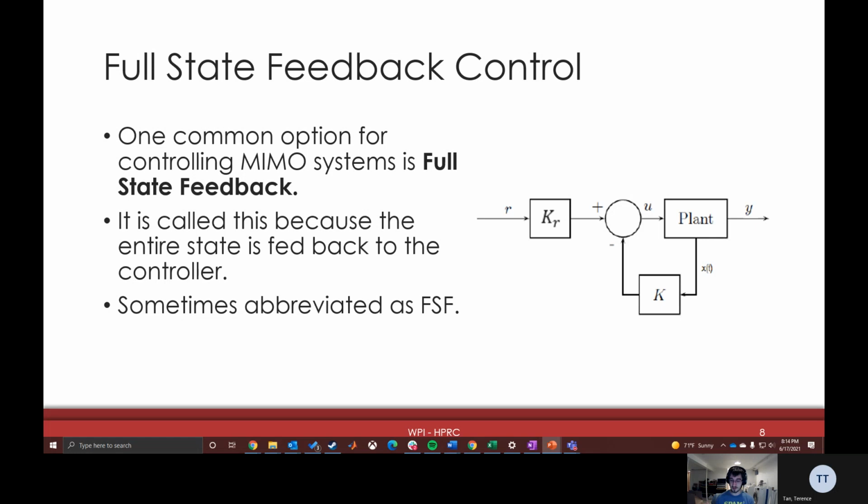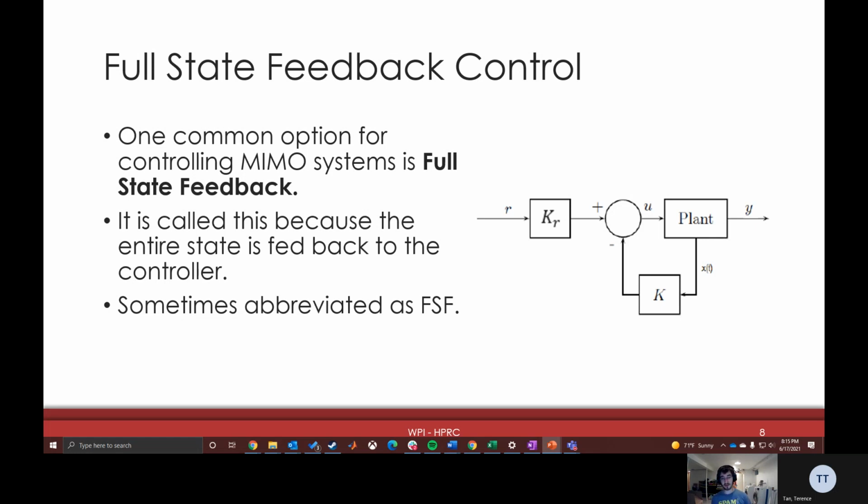Plant is a common term for the system you're controlling. I think that comes from industrial processes, where you're controlling a plant to have a certain temperature for chemicals or whatever.